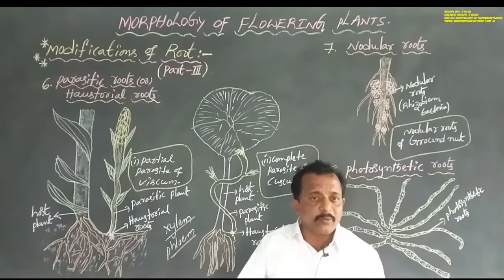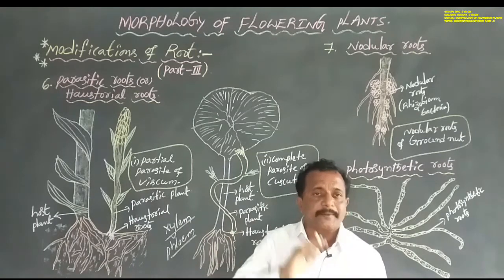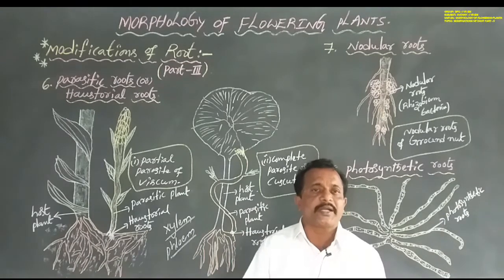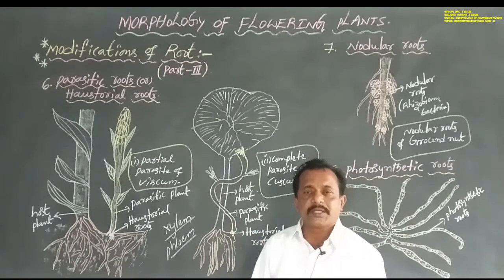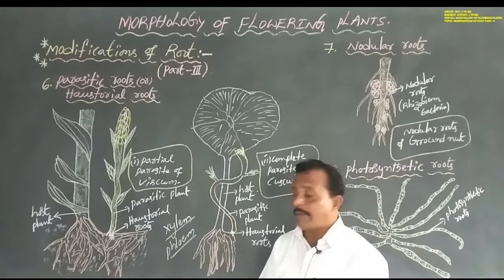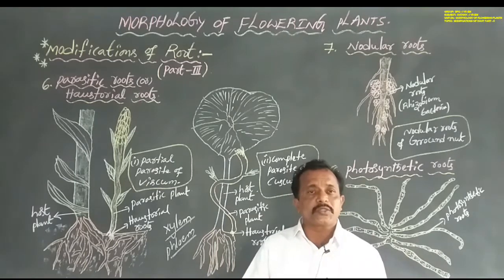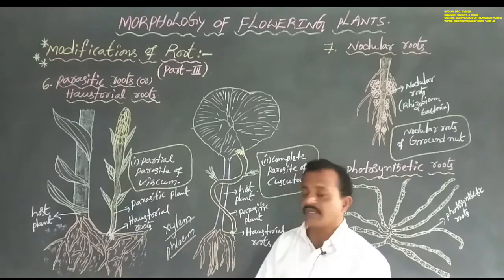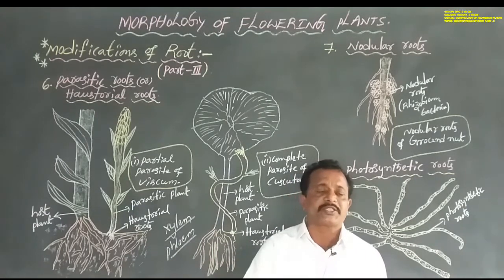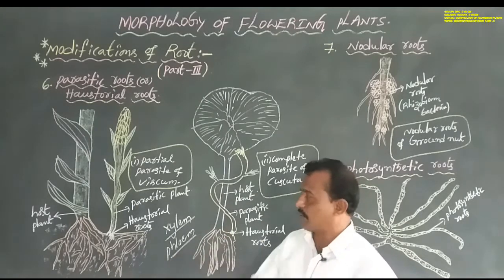Xylem and phloem are contained in the internal structure of the root and the internal structure of the stem. Both tissues are always arranged in the internal part of the root, the internal part of the stem, or the internal part of the leaves.